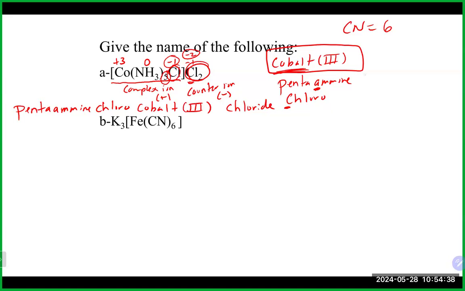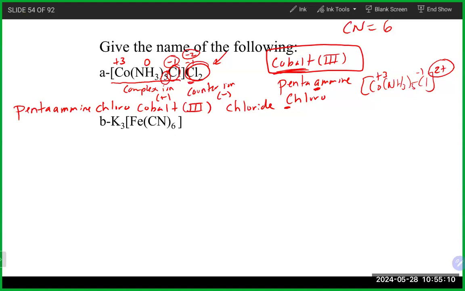And again, if we just looked at the complex ion part of it, with a +3 there and a -1, that's going to be a +2 charge, which again is why we need 2 of the chlorides there to balance out the charge. If we were just naming the complex ion part of this guy, it would be pentaamminechloridocobalt(III) ion. Any questions on any part of that there?